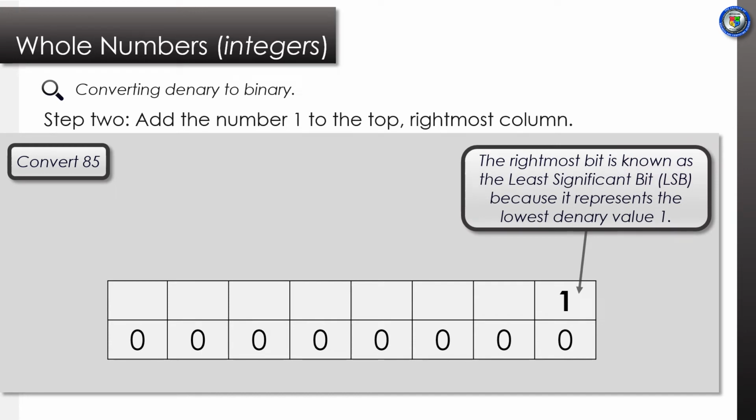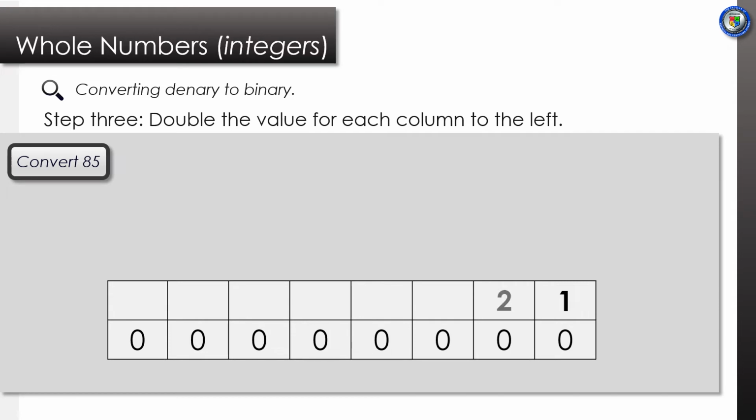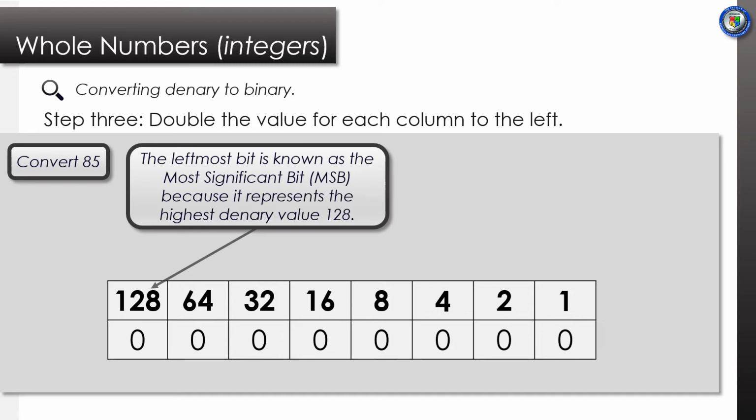That's the least significant bit because it is the lowest denary value. 2, 4, 8, 16, 32, 64, and 128, and that gives us 8 bits in total. And these are the values that each of these bits will represent. 128 will be known as the most significant bit because it represents the highest denary value within our 8 bits.